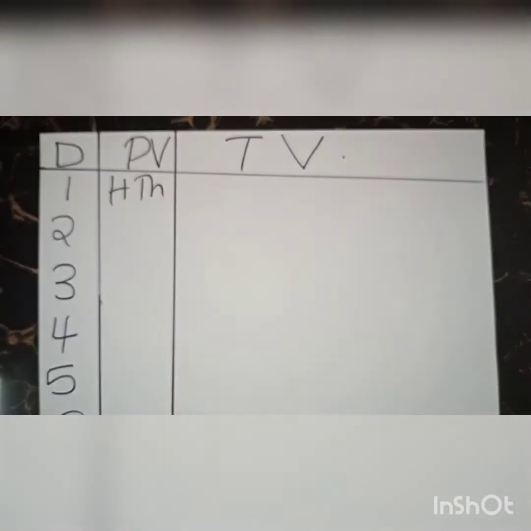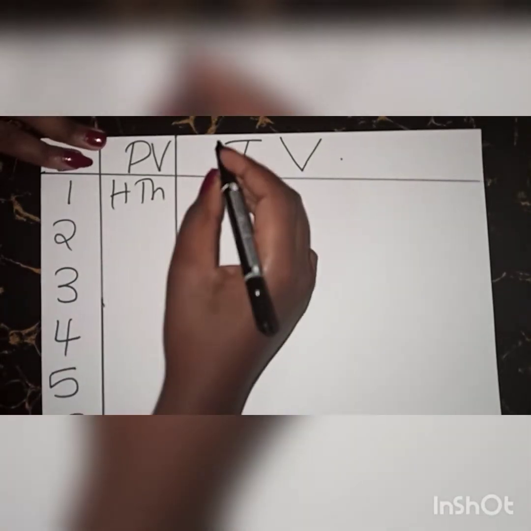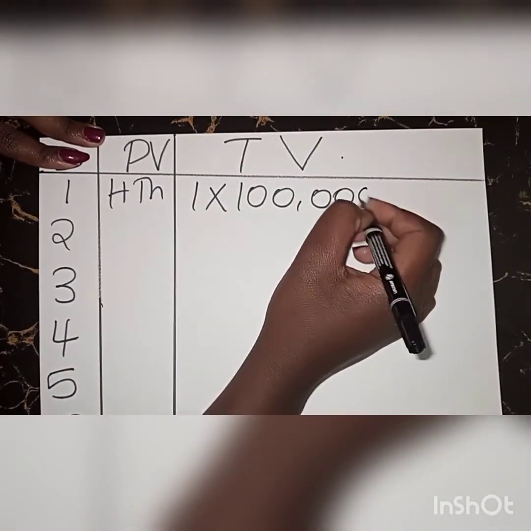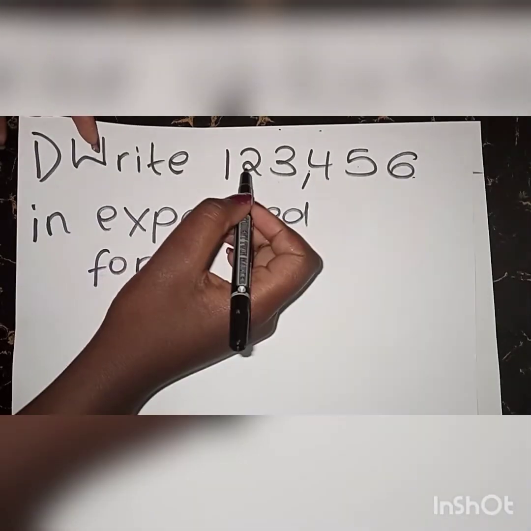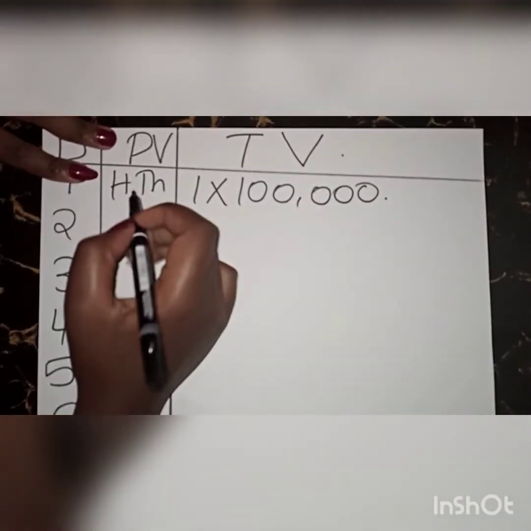And we said that the total value is derived by multiplying the digit and the place value. So this total value will be derived by multiplying 1 times 100,000. Okay, the place value of 2 is 1, tens, hundreds, thousands, 10,000.